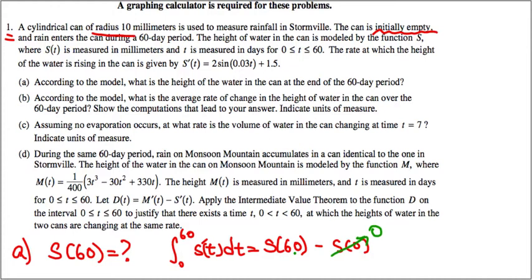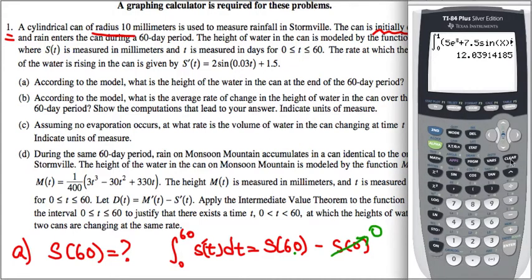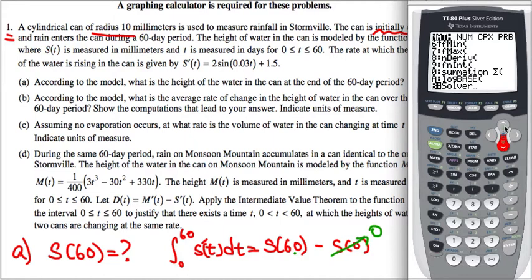That means this integration will get us the value of our answer. So 2 sine, let us put that into our calculator here. First we're going to go for math. If you go for number 9, this is the integration. Our lower bound will be 0.